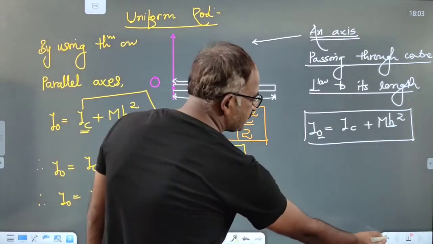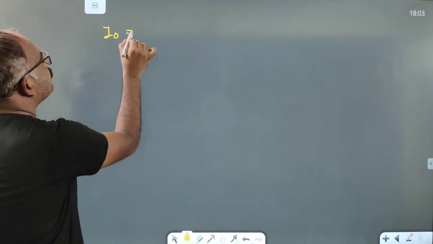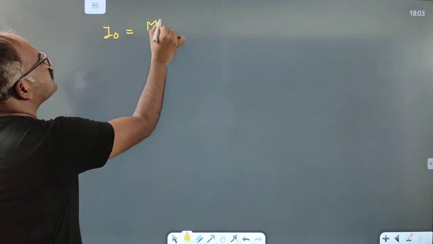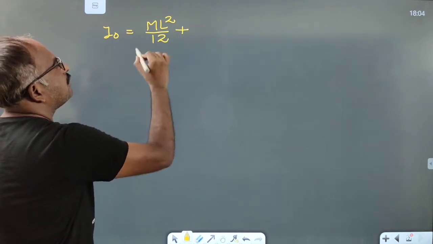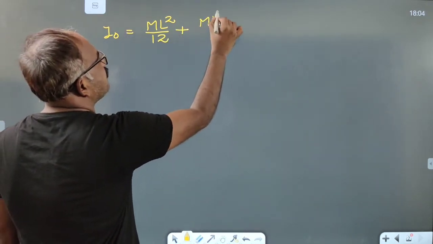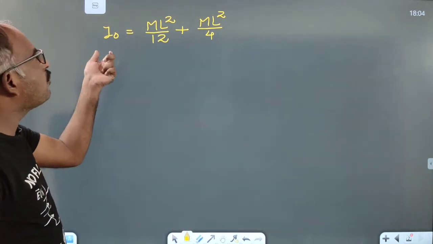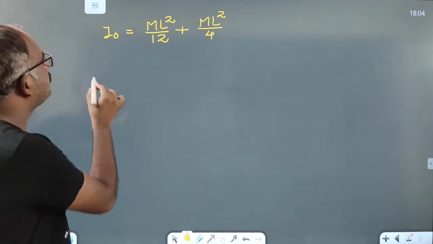What is the value of I_C? I_C is equal to M L square by 12. So I_O is equal to M L square by 12 plus M L square by 4.